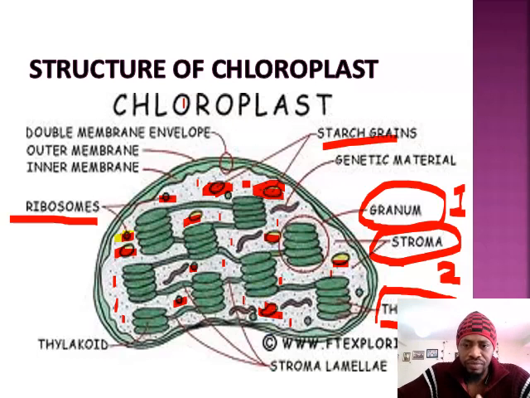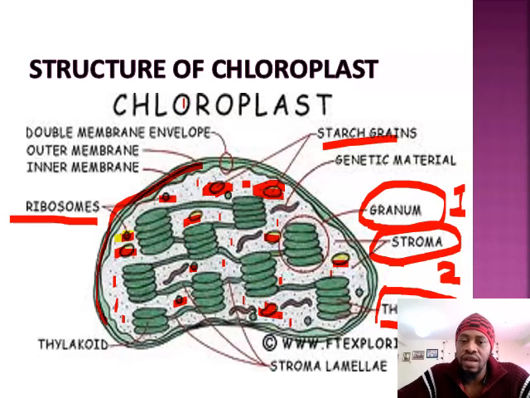So basically, this is how prepared the chloroplast is for the process of photosynthesis. I take just a quick run around it again. The chloroplast has a bilayer or double membrane to allow substances to go in and out. That's carbon dioxide and water in, then oxygen out.